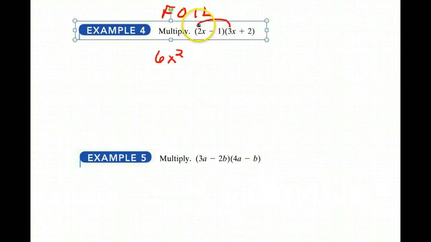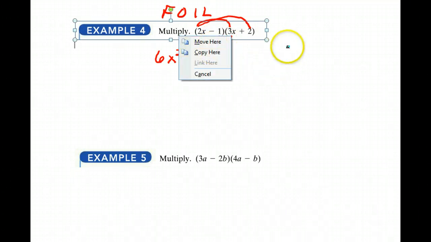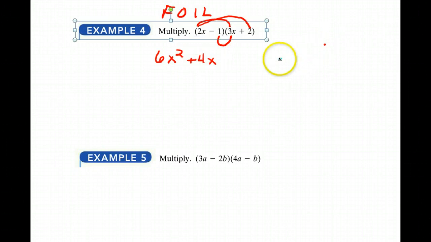The outer terms are 2x and 2. So 2x times 2 gives us 4x. Then we want to do the inner terms, which are negative 1 times 3x, which is negative 3x.